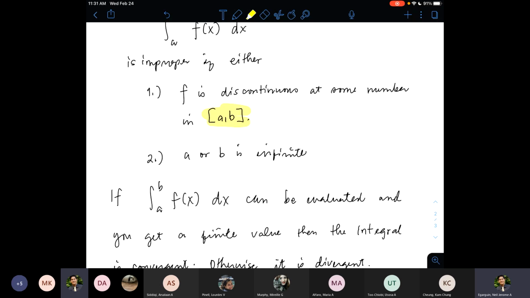So it's possible that the discontinuity happens at one of the bounds, then it's improper. And it's also possible that the discontinuity happens in the interior of the interval. I mean, a number between A and B. So that's also still an improper integral. So hopefully we'll encounter some of these cases and how to solve this.